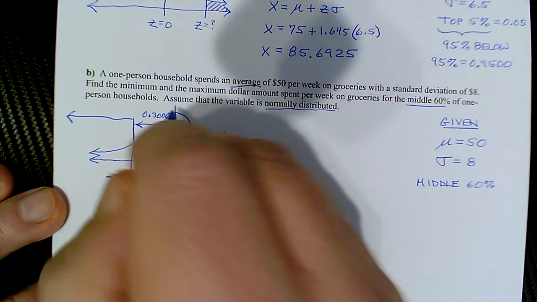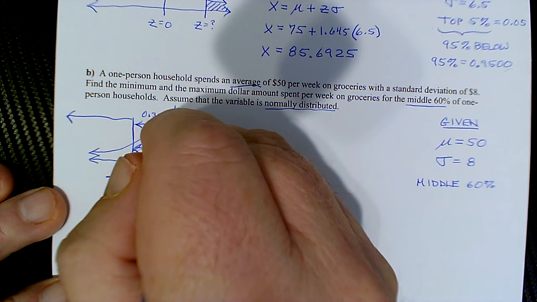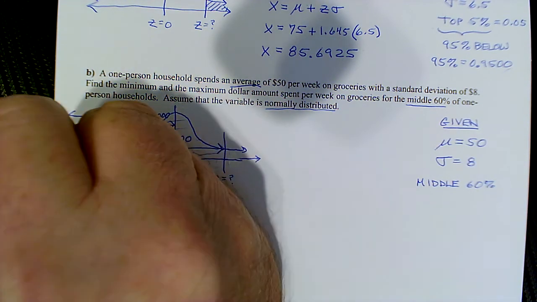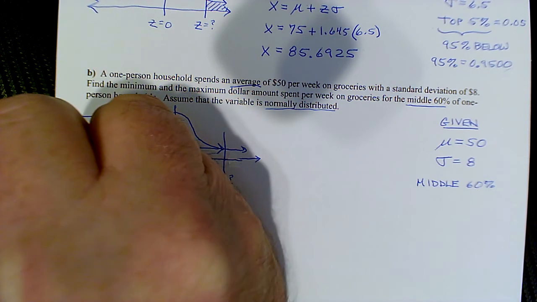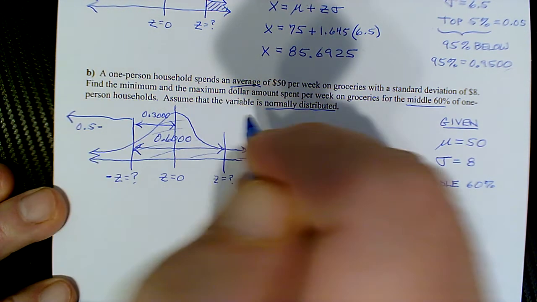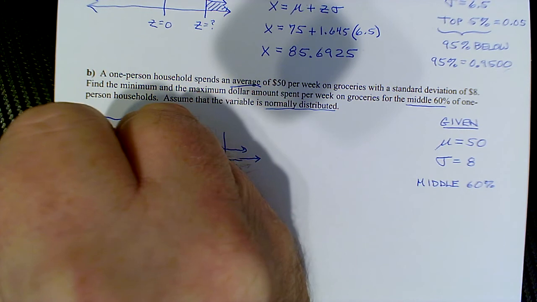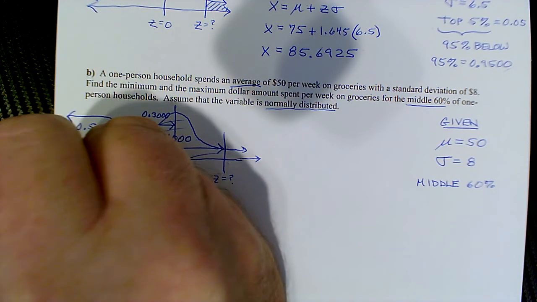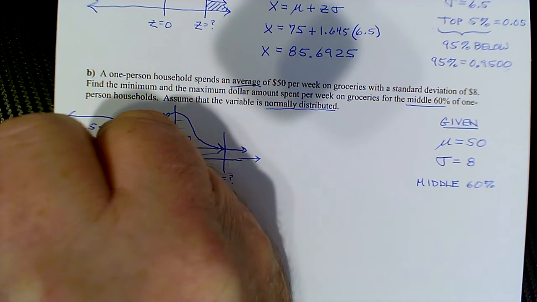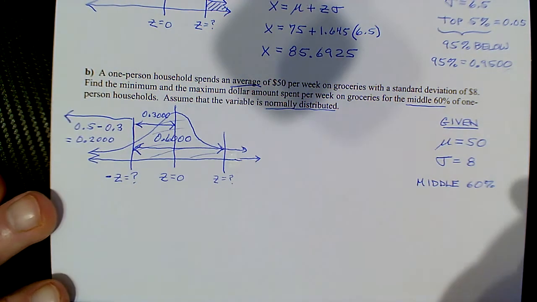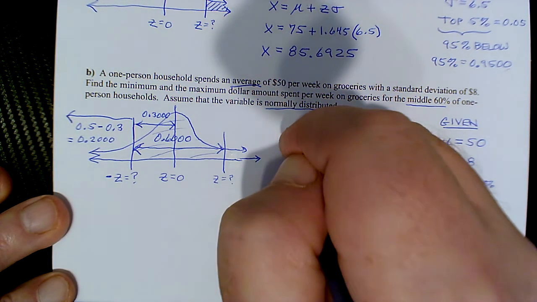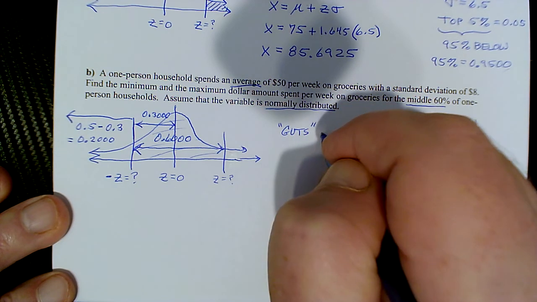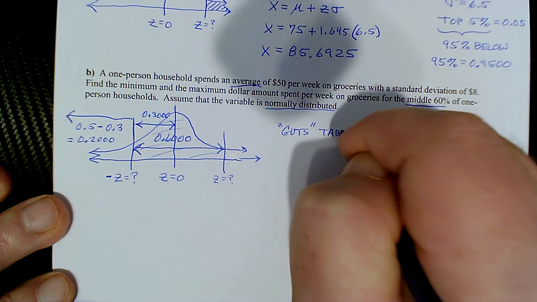And since there's 50% less than the mean, then the area to the left of our negative z-score, for sake of room, I'm just going to say 0.5 minus 0.3. That's the 50% minus the 30%, and that gives us 0.2, and we'll add 3 zeros to that, because that's the z-score that we're going to look up in the guts of table 4.